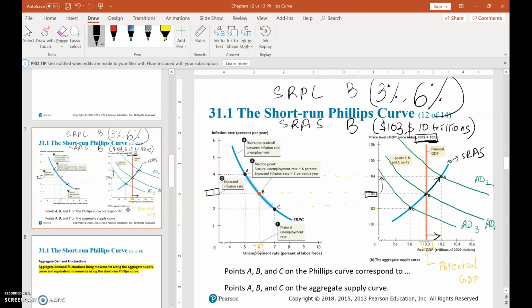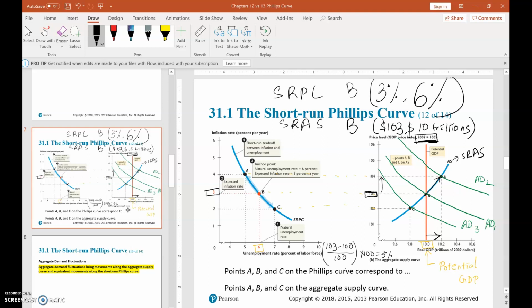Using the numbers 100 and 103, I will calculate the inflation rate. The inflation rate is new minus old CPI over old CPI times 100 and this is equal to 3%.